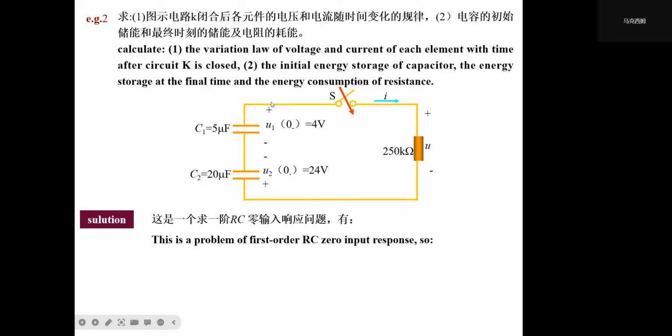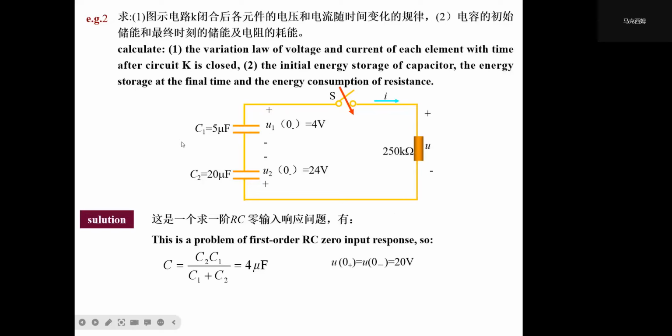Anyway, we will just do it. It's still a typical RC problem, and we can turn it into the typical RC circuit. Those series-connected capacitors we can change into an equivalent capacitor, a single 4 microfarad capacitor.